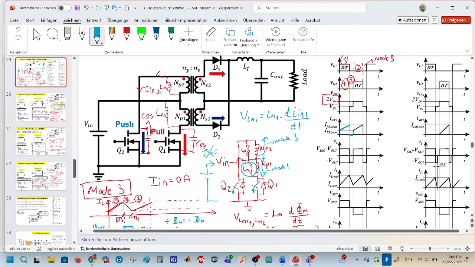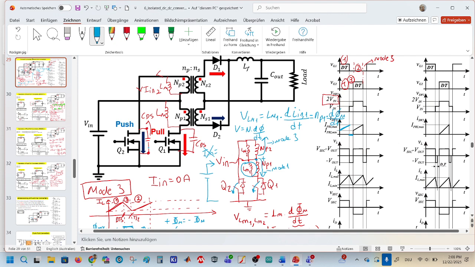But there was a flux. The flux formula is exactly the same as n times, n means NP1 times NS1. This is the Faraday law. Faraday law is actually n times the flux divided by dt.